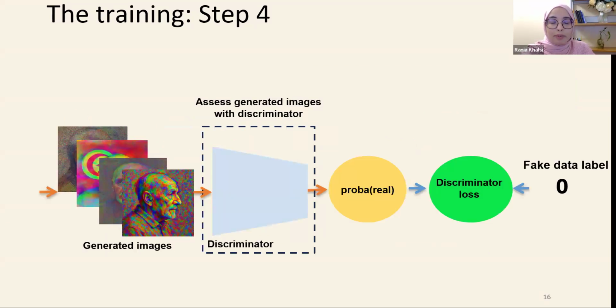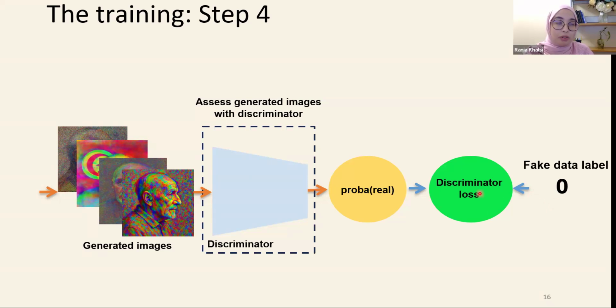Now step number 4. Again, we pass these images through the discriminator in order to estimate the probability of them being real, and we also provide the network with the fake data label to continue computing the discriminator loss function.